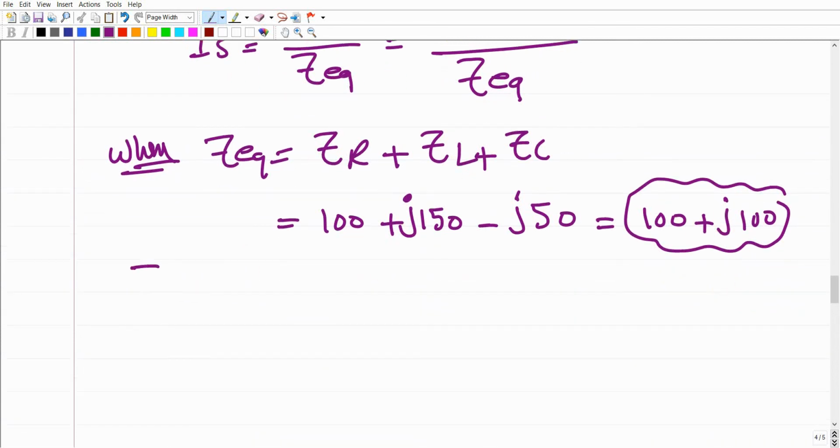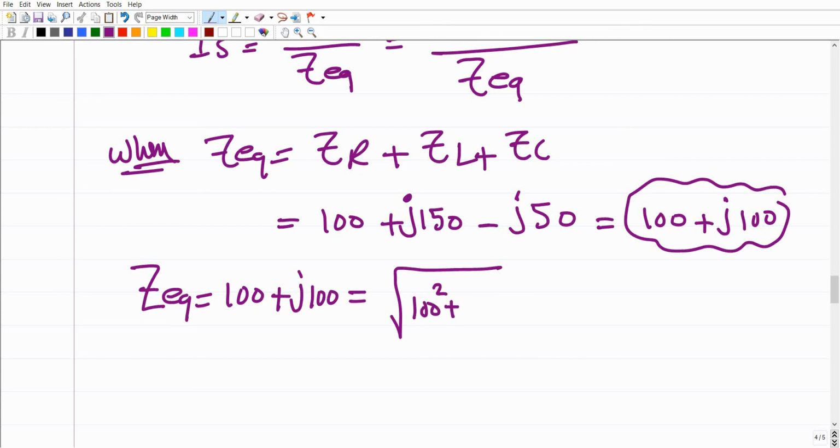The Z equivalent, which is 100 plus j100, its equivalent Phasor form is going to be the square root, which is the magnitude, of the 100 squared plus the 100 squared. The magnitude is the square root of the real squared plus the imaginary squared. This is going to give us the magnitude.